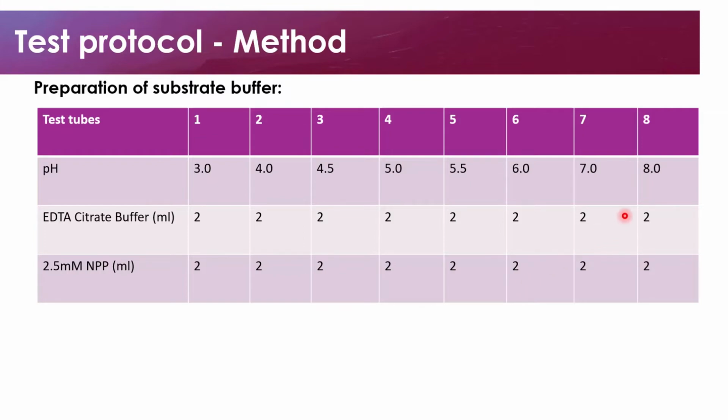For test tube 7, we have 2 mL of our buffer and 2 mL of our 2.5 millimolar NPP. And for test tube 8, we have 2 mL of our buffer at pH 8.0 and 2 mL of our 2.5 millimolar NPP. So the combination of the EDTA citrate buffer and our artificial substrate forms our substrate buffer.